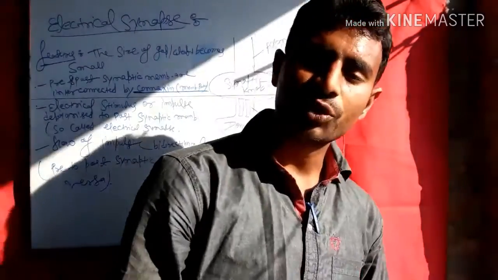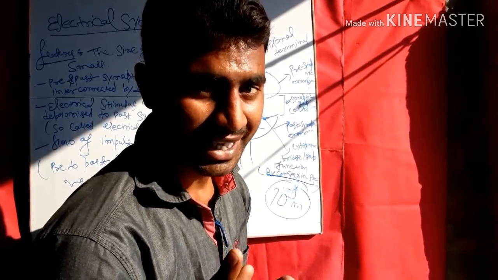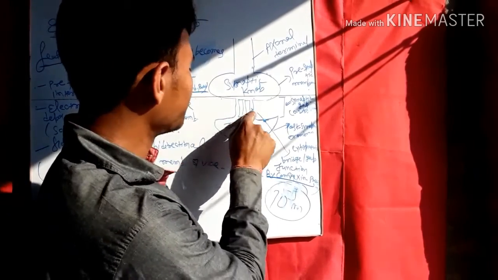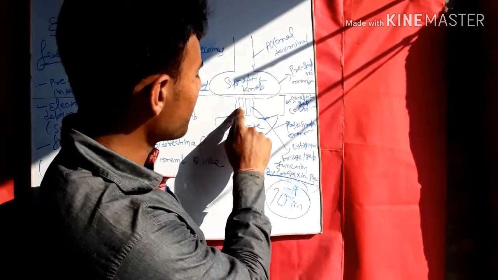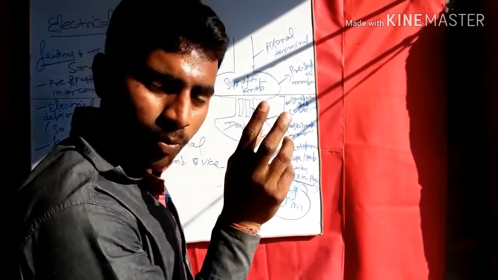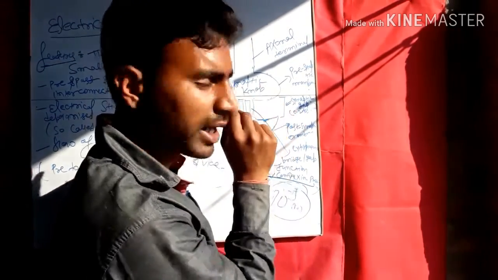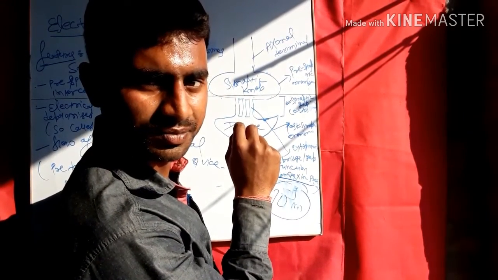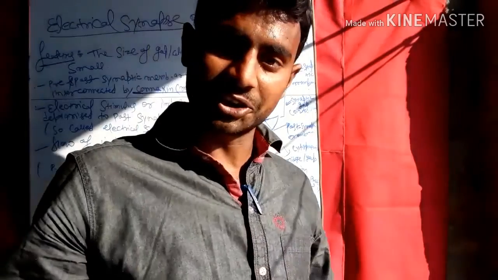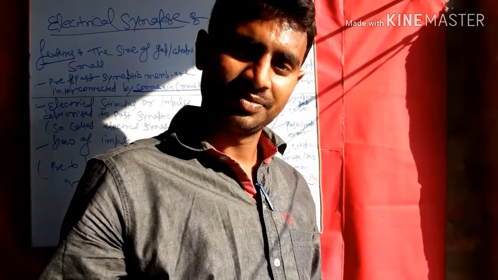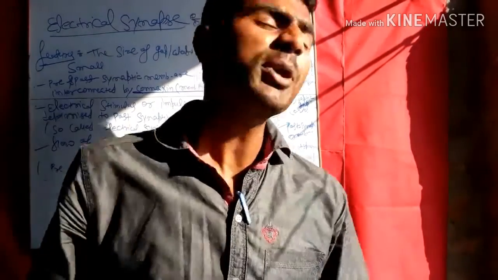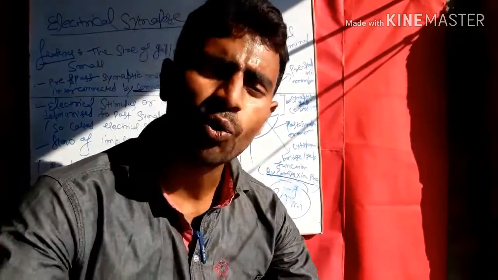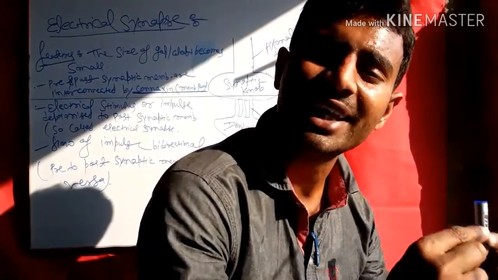Second point: this cytoplasmic bridge is formed between the two neurons over what distance? 0.2 to 10 nanometer, because the gap between the presynaptic membrane and postsynaptic membrane is only 0.2 to 10 nanometer.